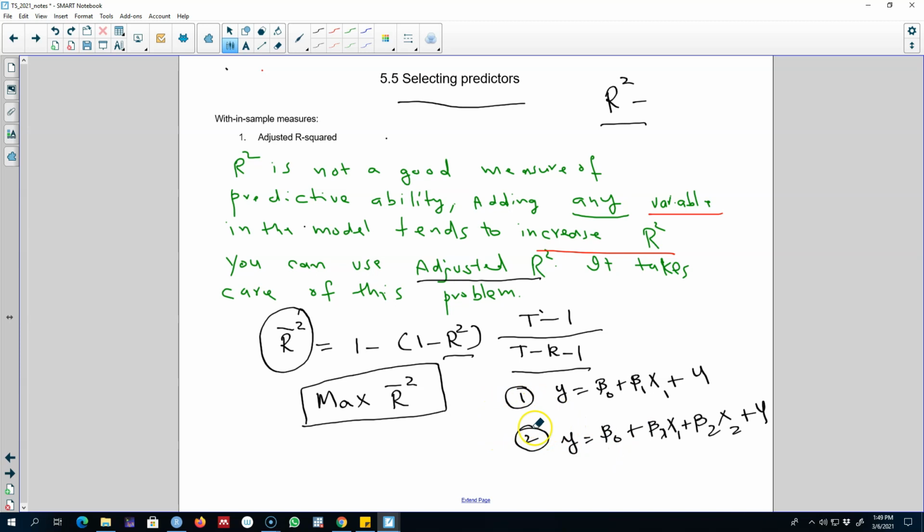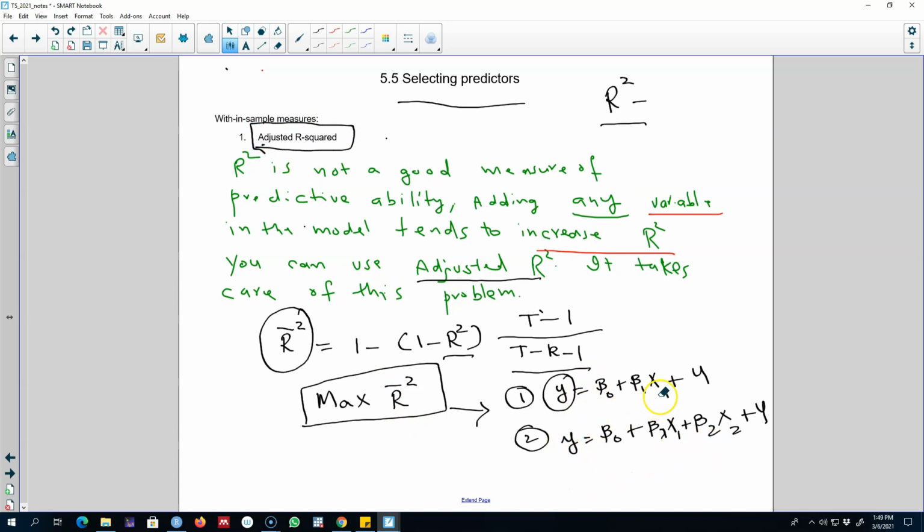We will choose between these two models and select the model which has a higher adjusted R squared, if we are using the criterion of adjusted R squared to select between them.